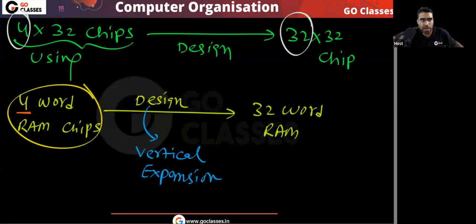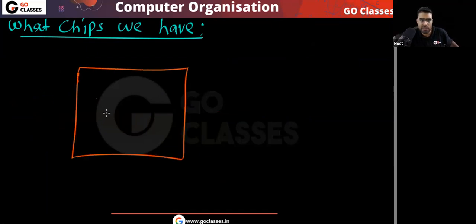Now let's see, first of all, what chips we have. Let's discuss them. These are the chips that we have. In these chips, how many address pins are there?